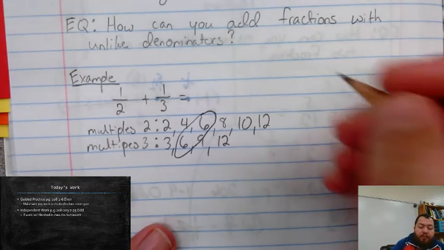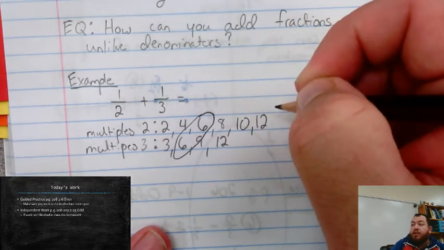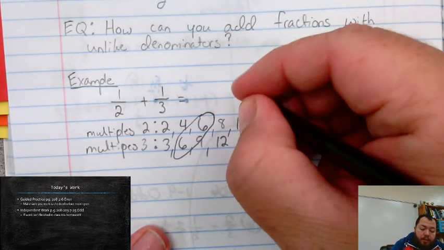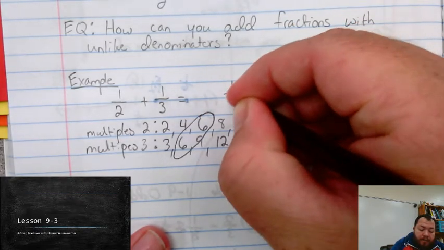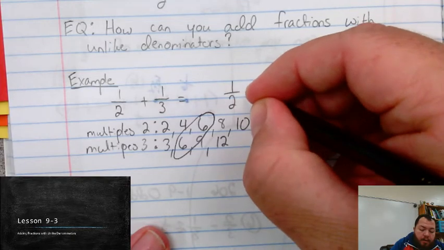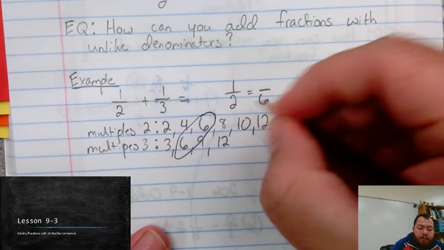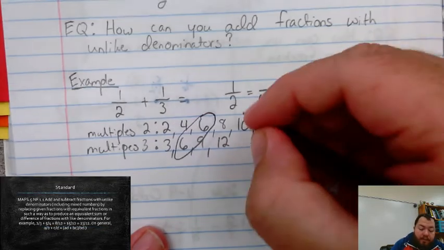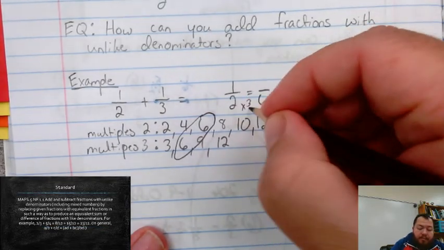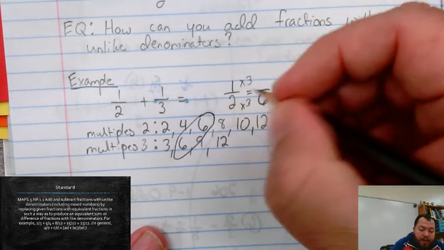So we need to rewrite our problem, and this is where I should see all your guys' work. We're going to have 1/2 somehow equals something over 6. What do we have to multiply to get to 6? Well, that's by 3. So whatever we do to the bottom, we need to do to the top.